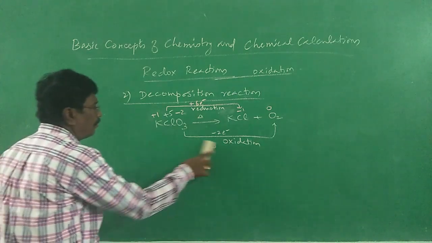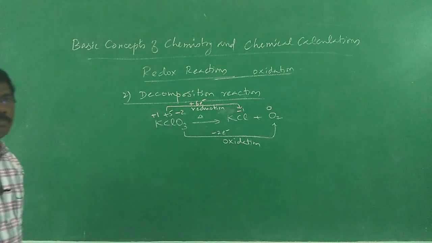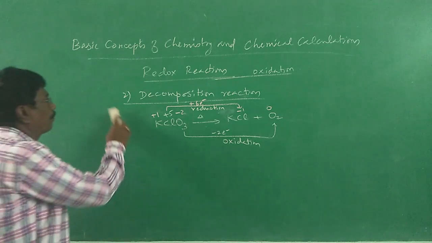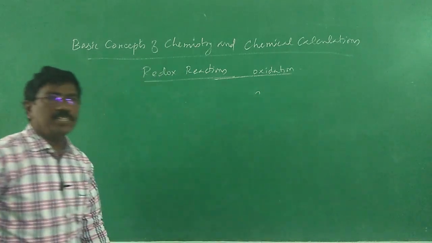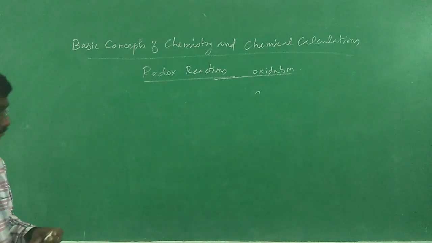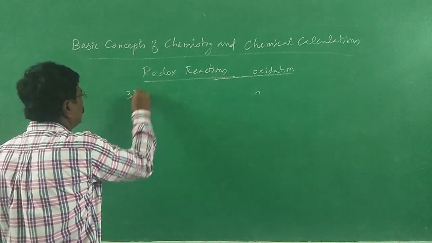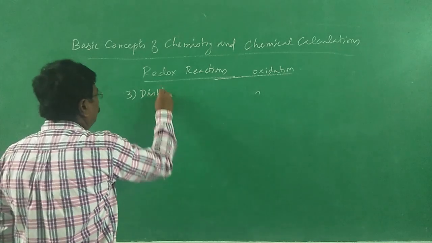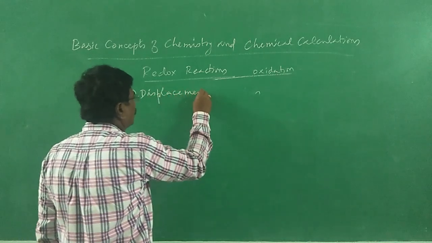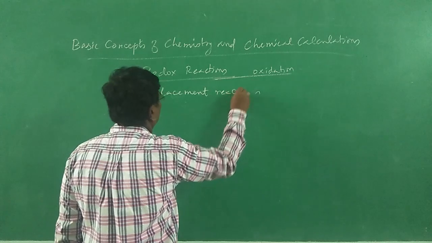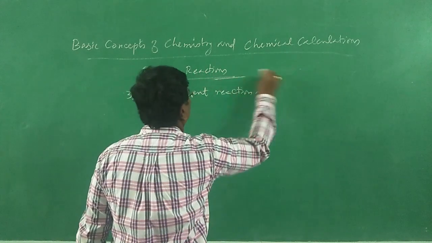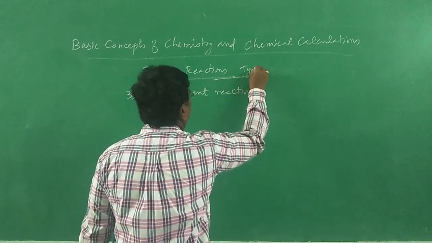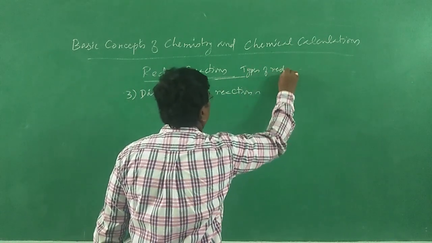All right. Then let me go into the next type, displacement reaction. Third type, displacement reaction. One can displace the other. Under redox reactions, we are studying types of redox reactions.